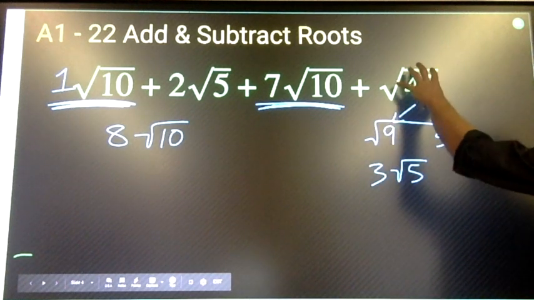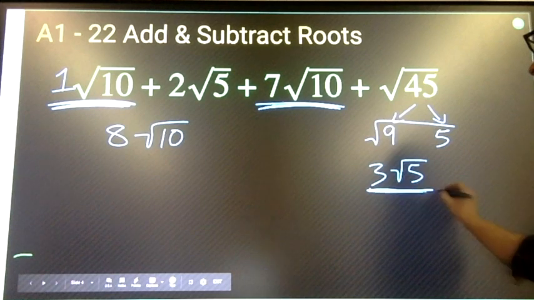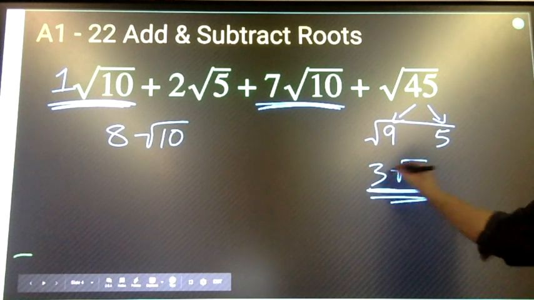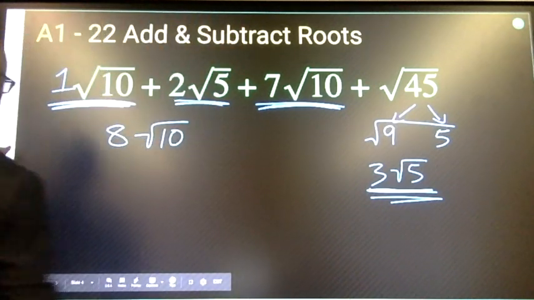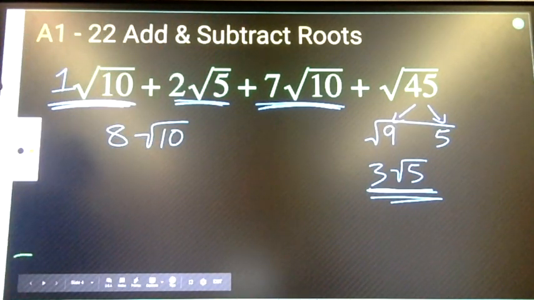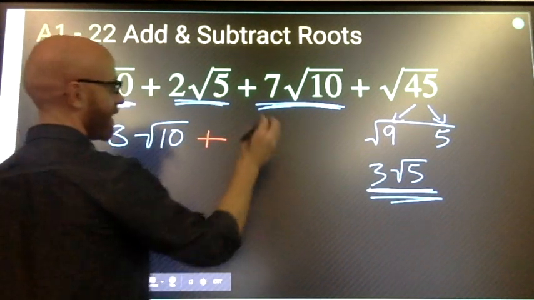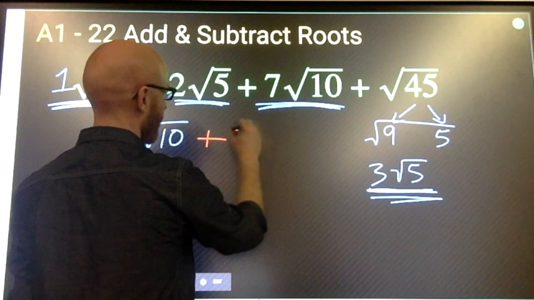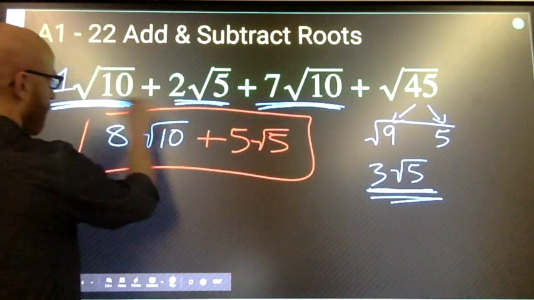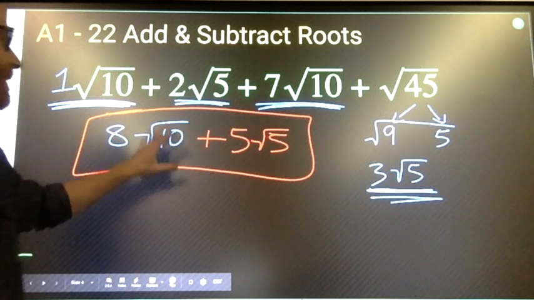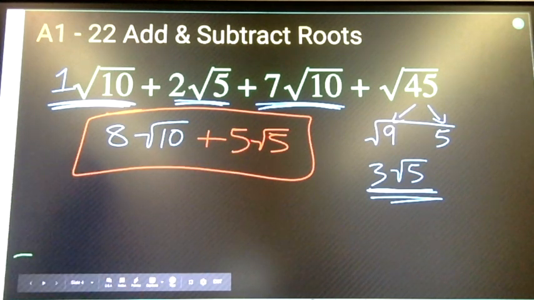So square root of 45 is actually the same as 3 root 5, and that can be combined with 2 root 5, okay? So we have our 8 root 10 plus 5 root 5 as a final answer. All right, they can't be combined together because I can't break this down or that down any farther.